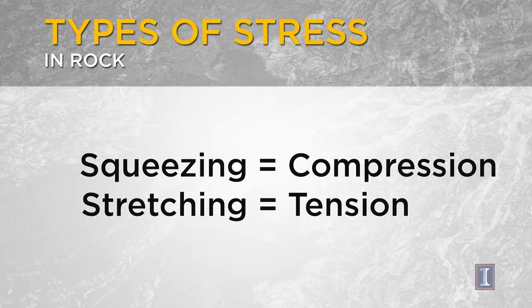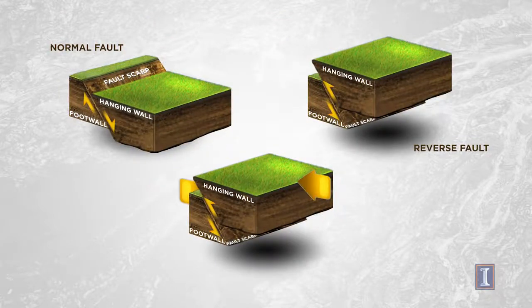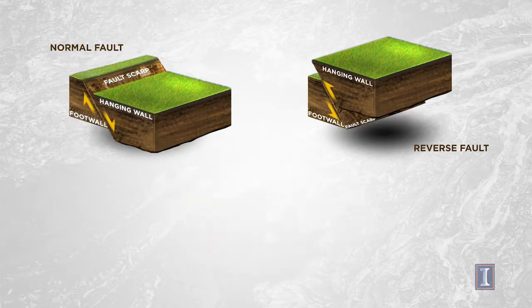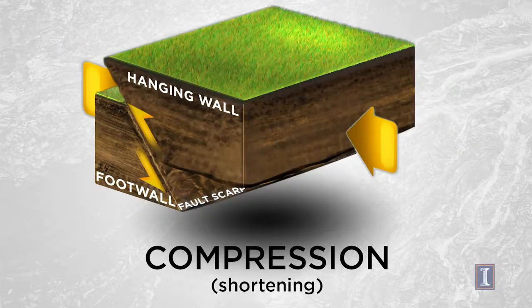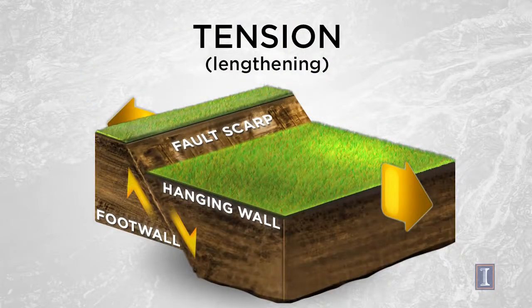Compression and tension are types of stresses. We depict compression typically by arrows pointing towards each other and tension by arrows pointing away from each other. Stress can change the shape of rocks. Specifically, compression causes shortening, a decrease in length, whereas tension causes extension or lengthening.